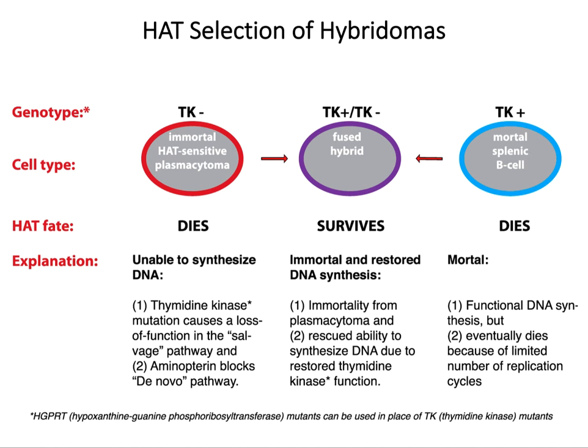The trick is that the aminopterin blocks the de novo DNA synthesis, which is absolutely required for cell division to proceed.